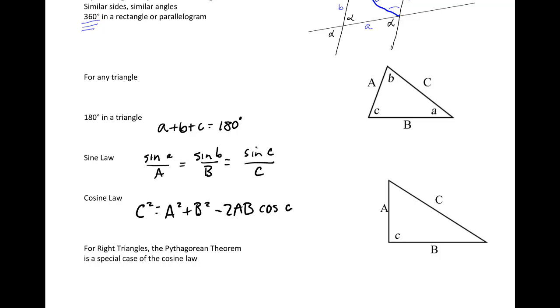Now for right triangles, we have a special case that happens, and the same cosine law applies. I've just duplicated that right here. The cosine law applies for any triangle.